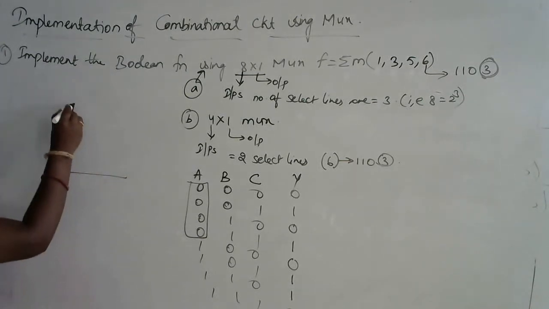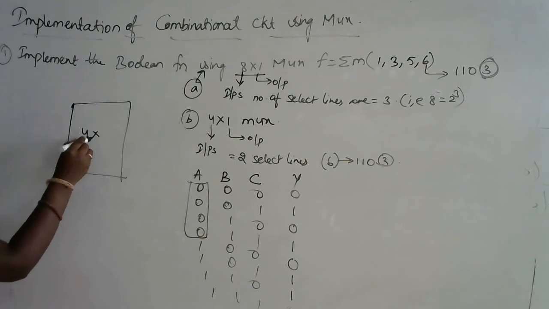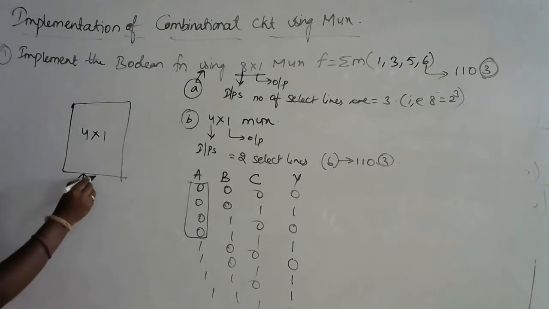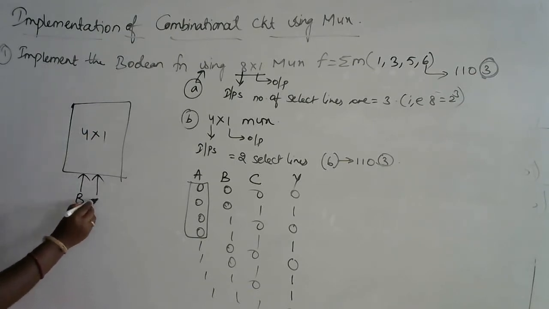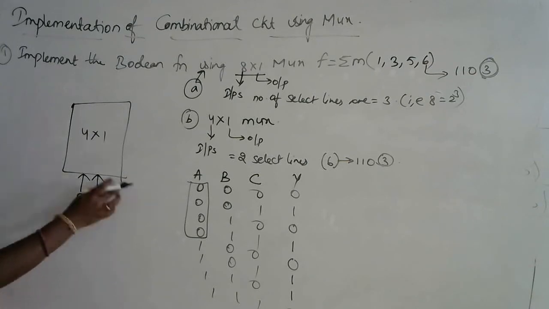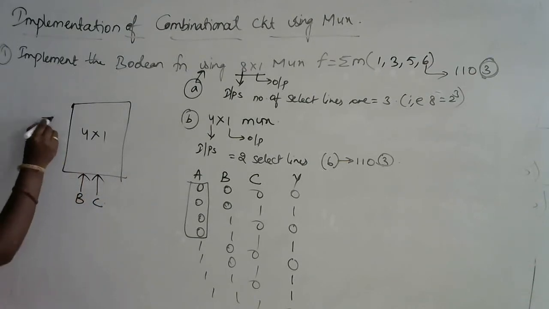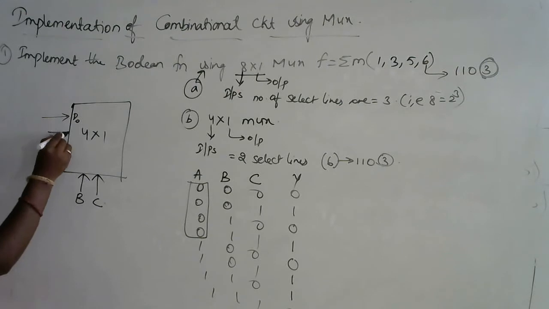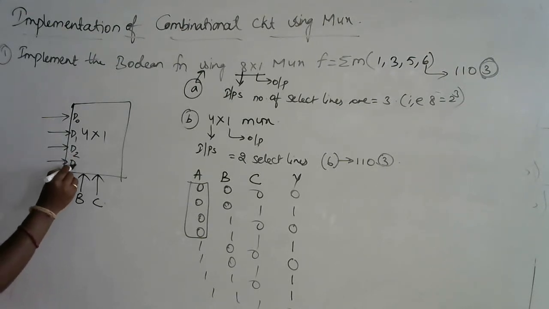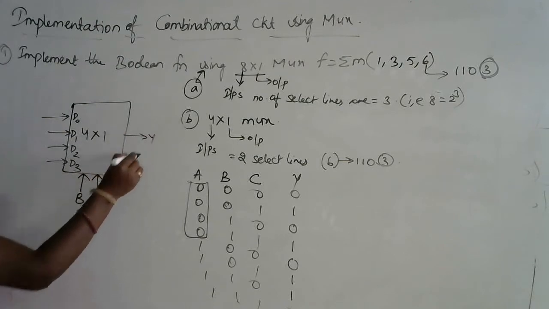What is the size of the multiplexer? 4 by 1 multiplexer. The select lines I am assuming as B and C. I am assuming A value as the input, and this is D0, D1, D2, D3 and this is output Y.